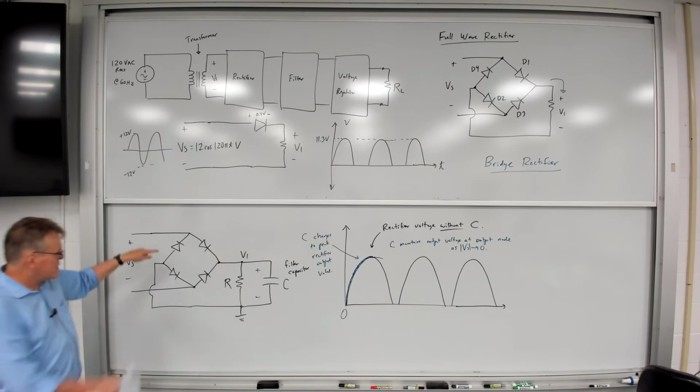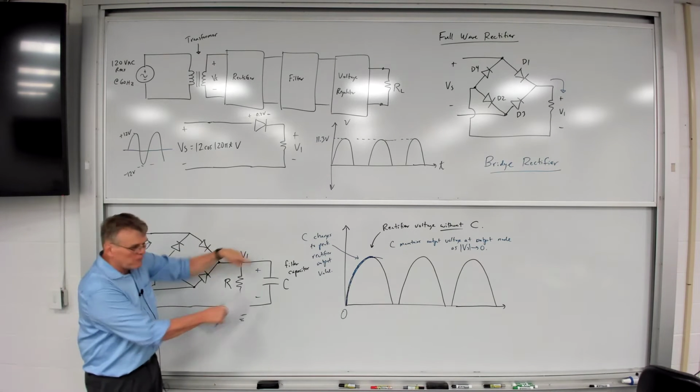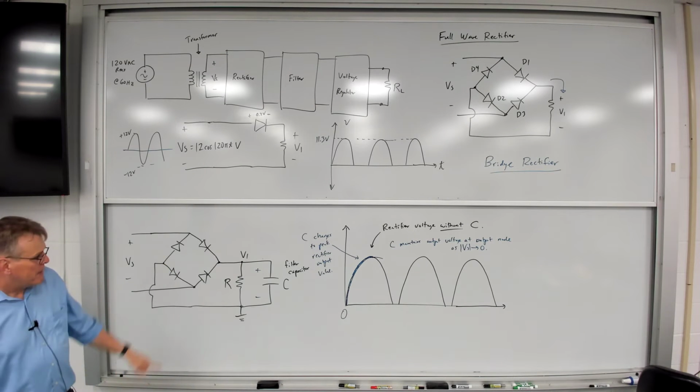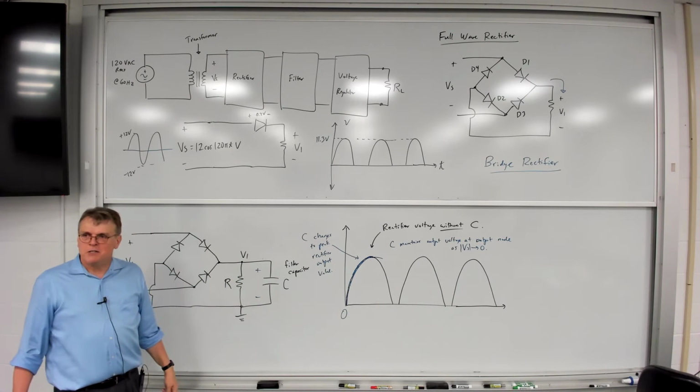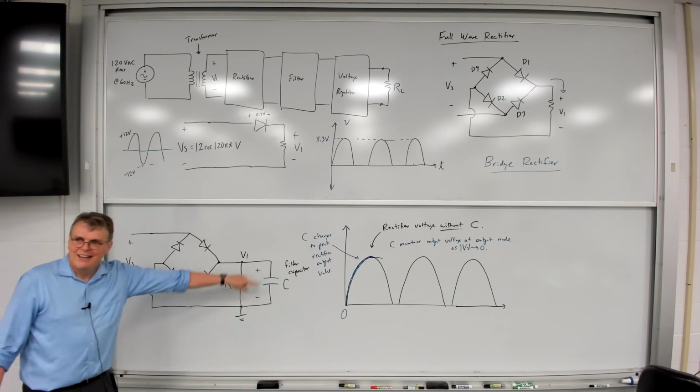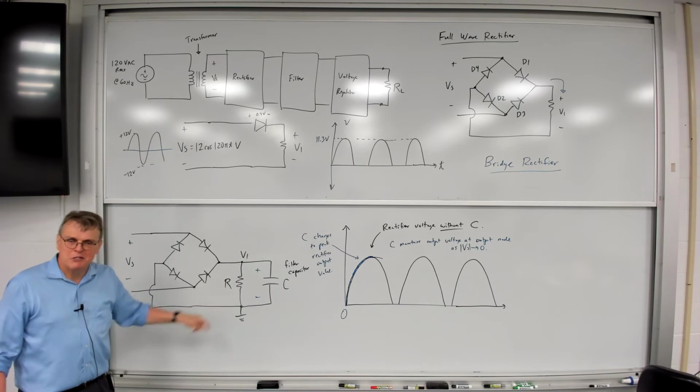The voltage at Vs is going to be less than the voltage at the output, and so the diodes can't turn on. But at the same time, the voltage across the capacitor doesn't remain stable because it's got a discharge path. It can now discharge through that resistor.